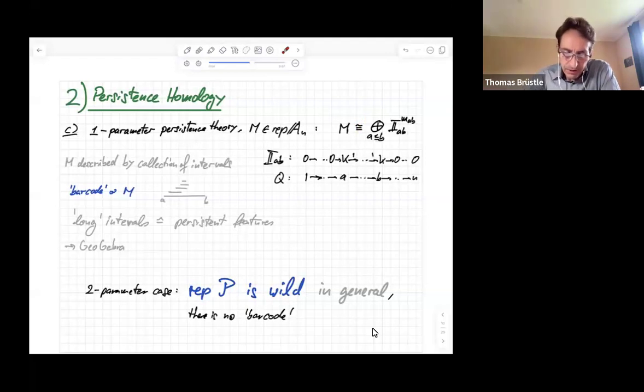So that's the challenge here: in this case where we have wild posets, wild representation theory, we still want to find some meaningful information that we can extract from a given module.